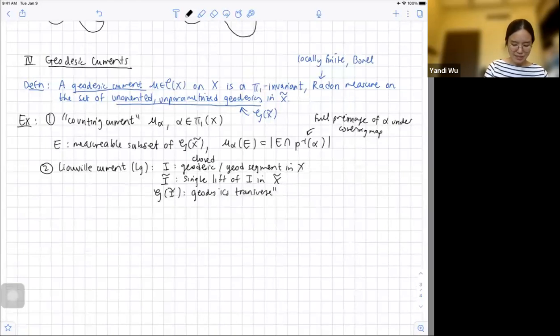That's actually not a well-defined notion, but it is kind of what you expect it to be. So these are geodesics transverse to I tilde.